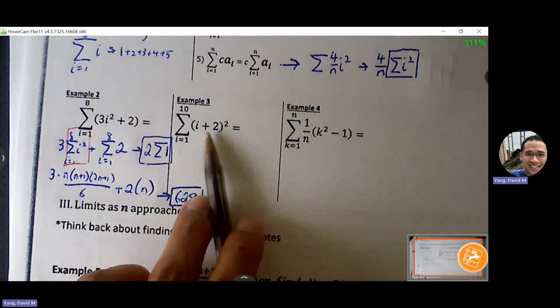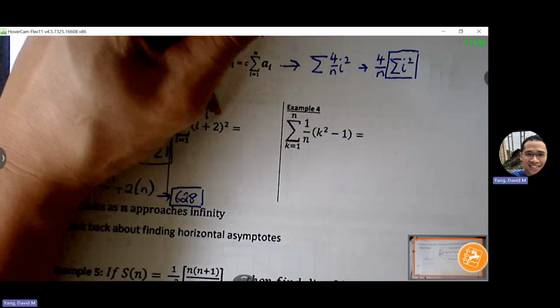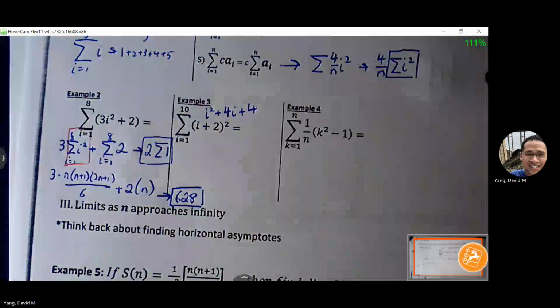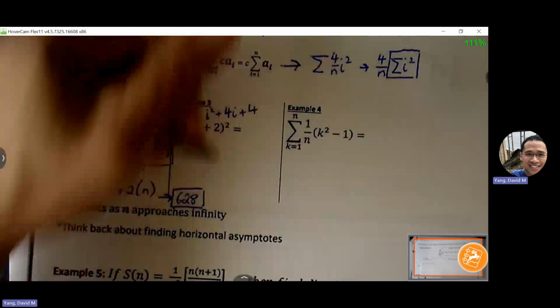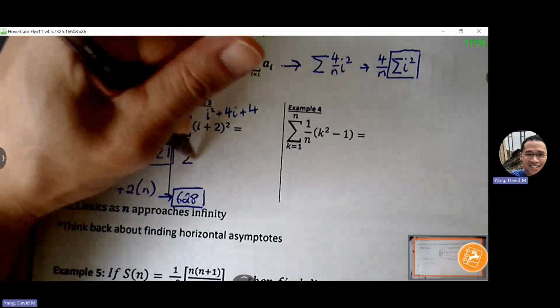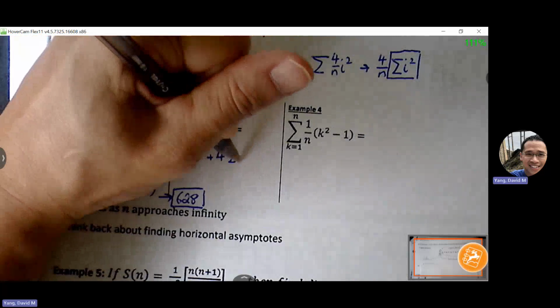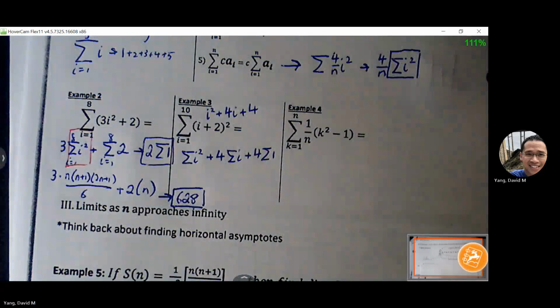Now this one, it's best if we FOIL out first. So I have i squared plus 4i plus 4, just FOILing out i plus 2 times i plus 2. And every term will get its own summation. So I have summation i squared plus 4 summation i plus 4 summation 1. Okay.